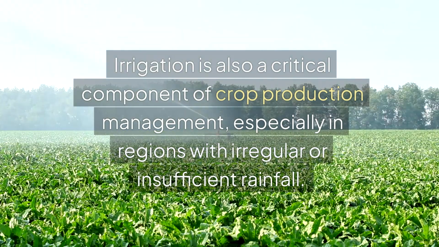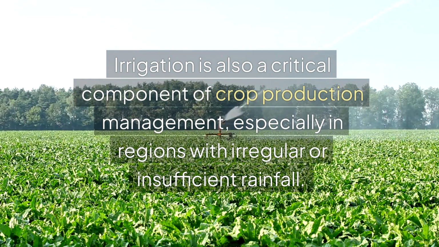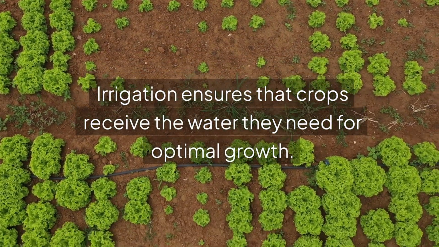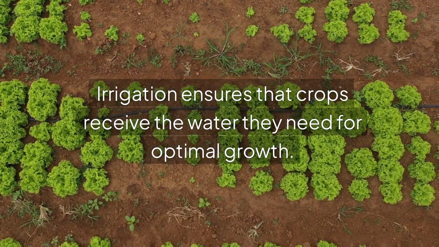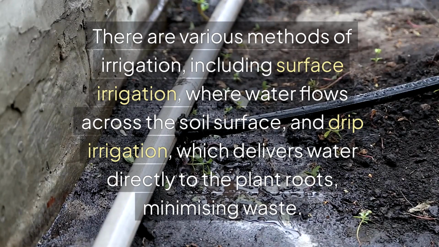Irrigation is also a critical component of crop production management, especially in regions with irregular or insufficient rainfall. Irrigation ensures that crops receive the water they need for optimal growth. There are various methods of irrigation, including surface irrigation, where water flows across the soil surface, and drip irrigation, which delivers water directly to the plant roots, minimizing waste.